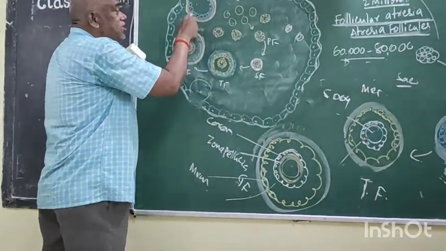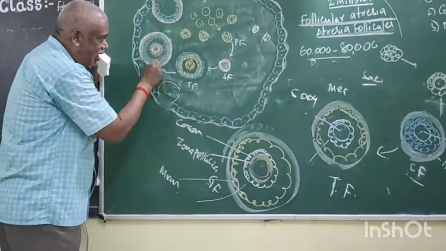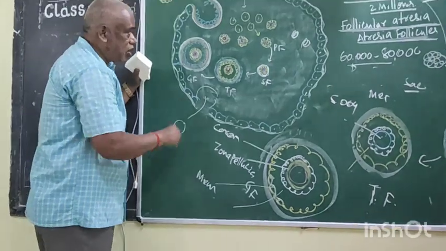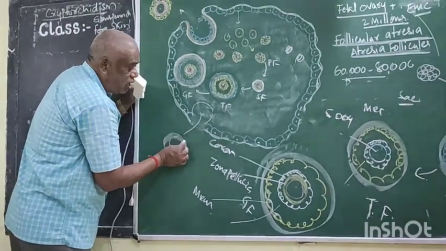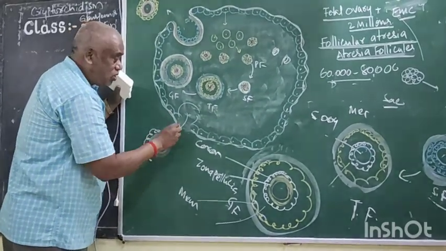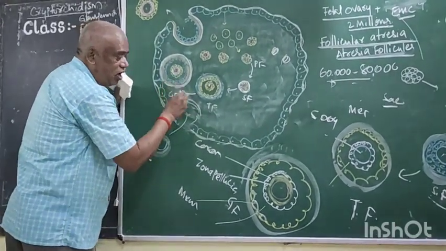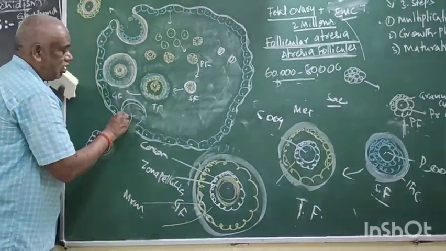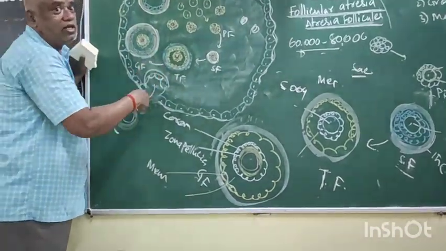Due to the presence of antrum, the secondary oocyte is released with zona pellucida and corona radiata. But theca and membrana granulosa remain inside the ovary.